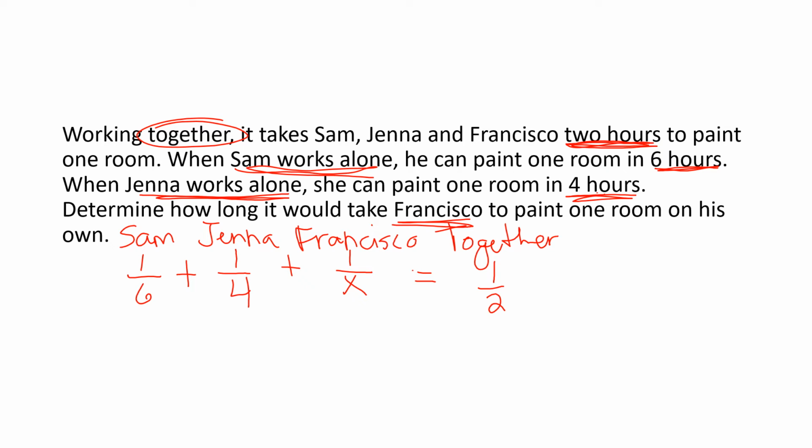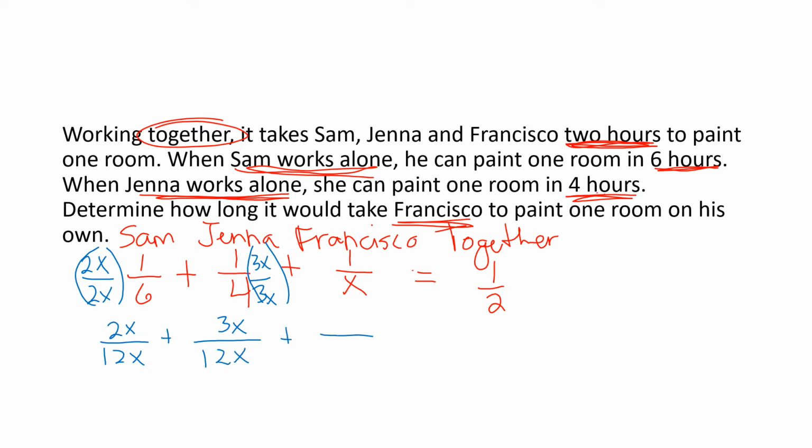So I'm going to multiply each fraction by something that's going to get me to 12x. For the first one, I could multiply by 2x. That would be 2x over 12x. The second one, in order to get to 12x, I'm going to multiply by 3x. So that'll be 3x over 12x.